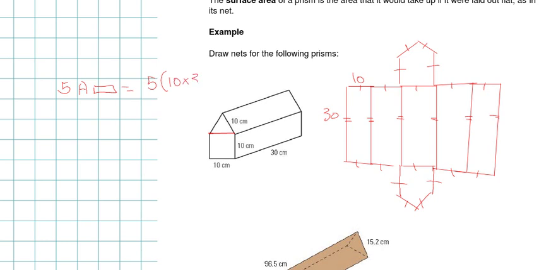Because the area of a rectangle is length times width. So let me just write that here. The area of the rectangle is length times width. Okay, so that's going to be 300 times 5, so that's 1500 centimeters squared.